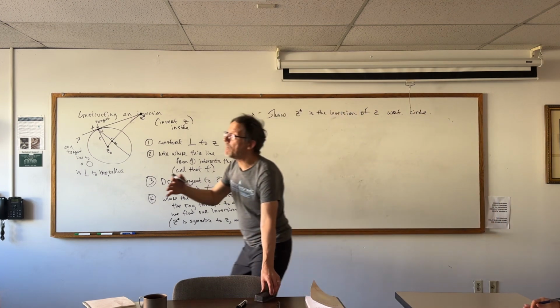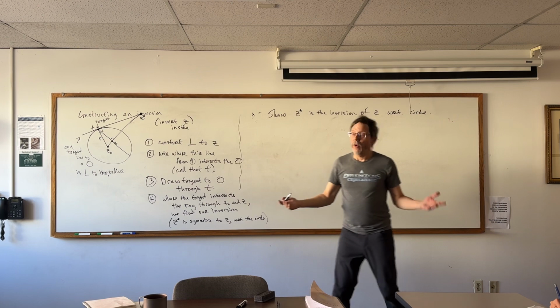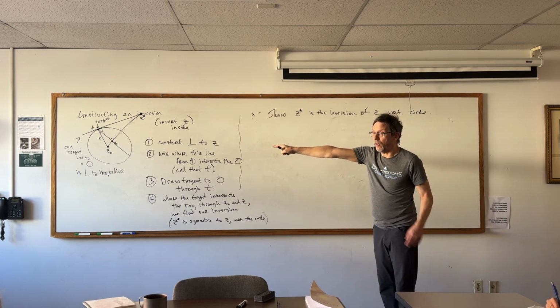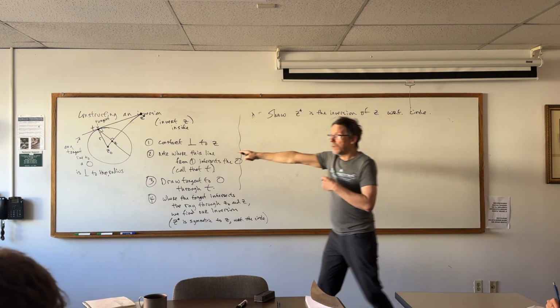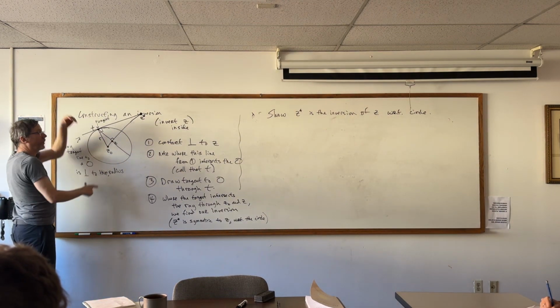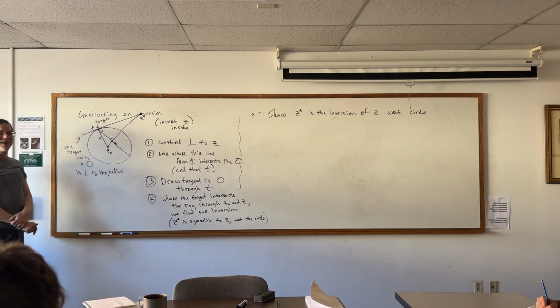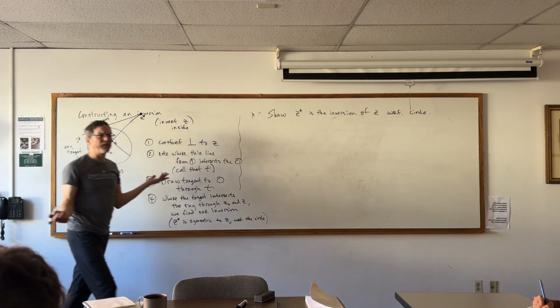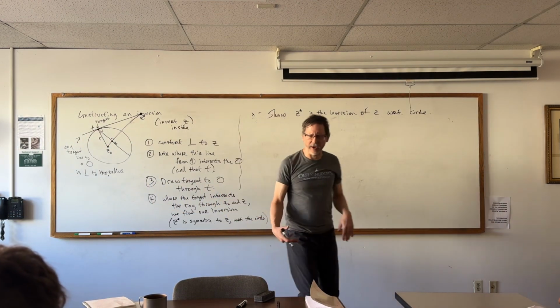Let's talk. What does that mean even? What would it mean to show that this Z star is the inversion of Z with respect to this circle? What's the definition of that? There's a couple ways to go.